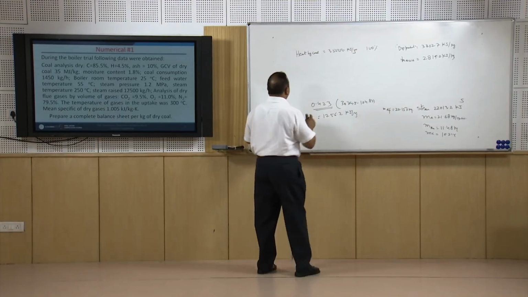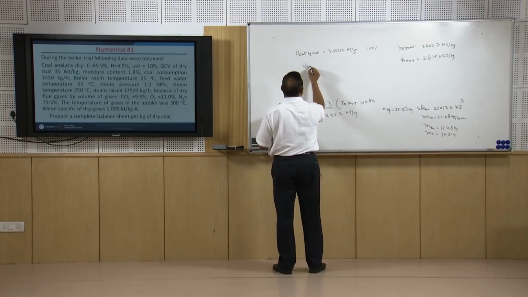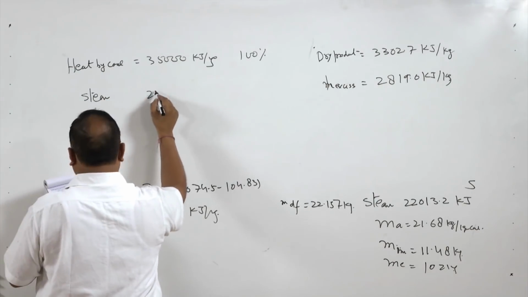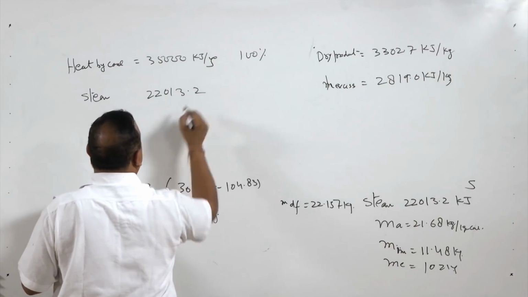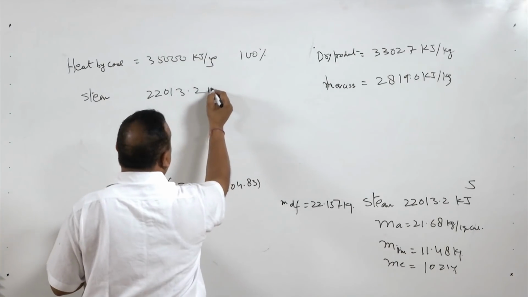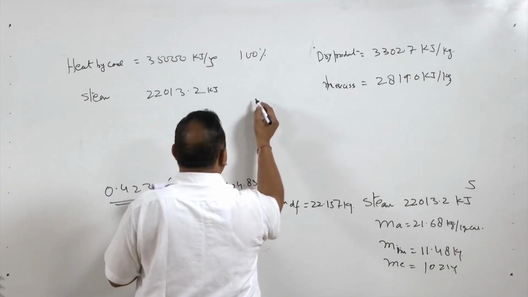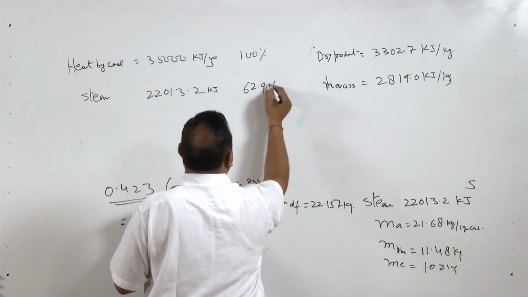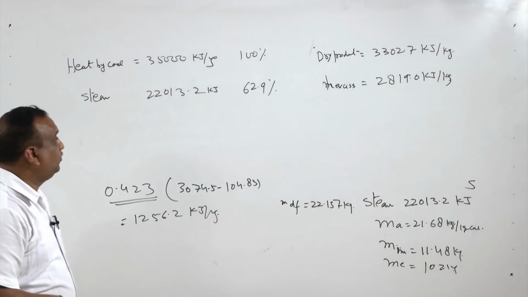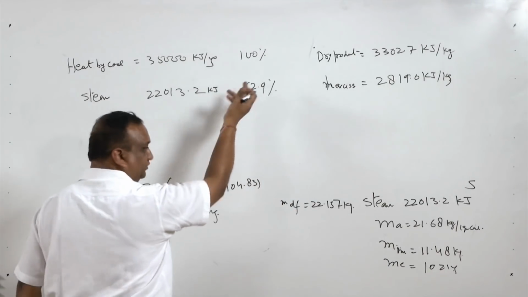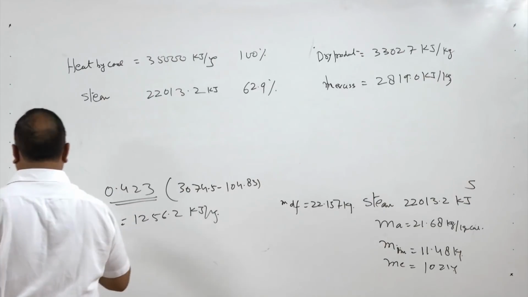Now, where is the steam going? It is going into the steam, 22013.2 kilojoules per kg, and it comes to 62.9%. So 62.9% is the efficiency of the boiler also.